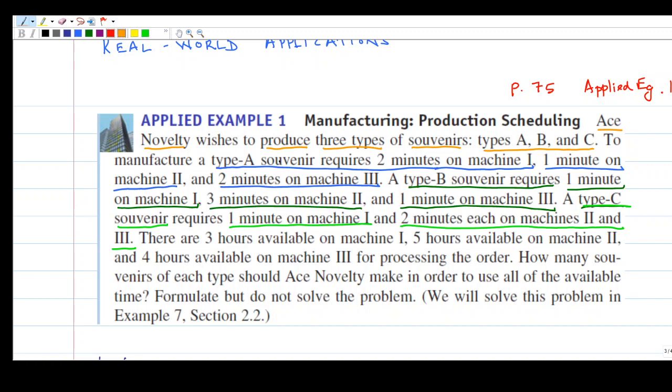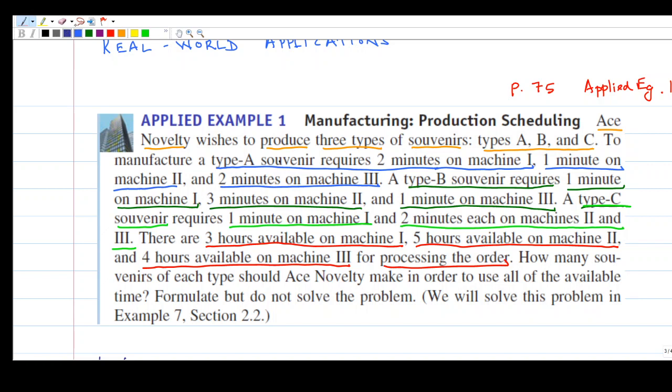And then we are told that there are 3 hours available on machine 1, 5 hours available on machine 2, and 4 hours available on machine 3 for processing the order. Right?